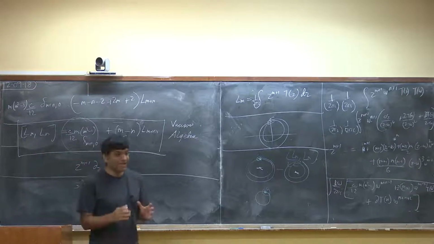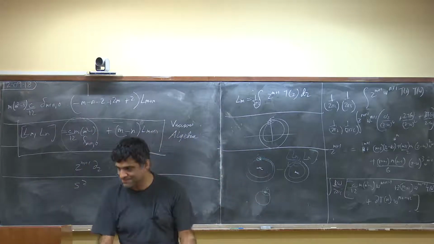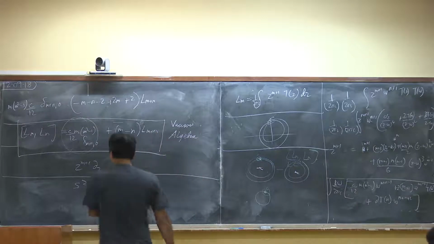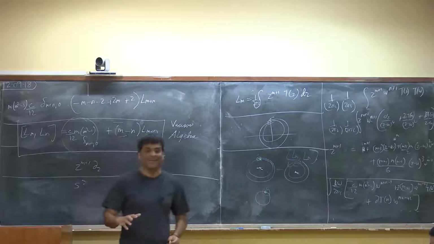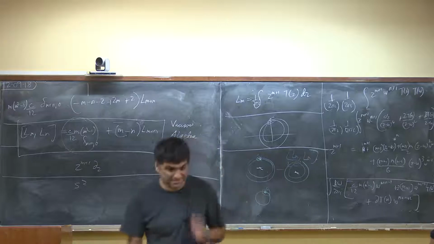You can ask, are these vector fields well defined everywhere on the S2 or not? Now, there are two places where they might go bad. They might go bad at z equals 0, or they might go bad at z equals infinity.